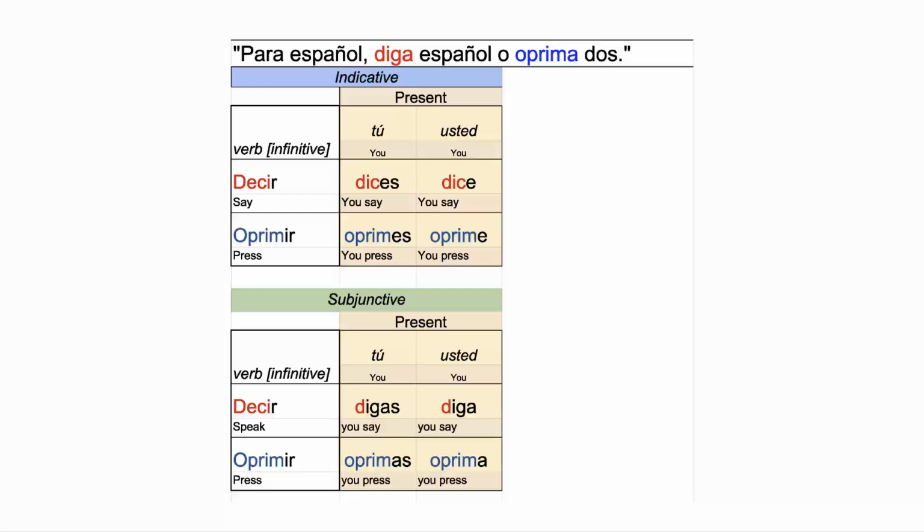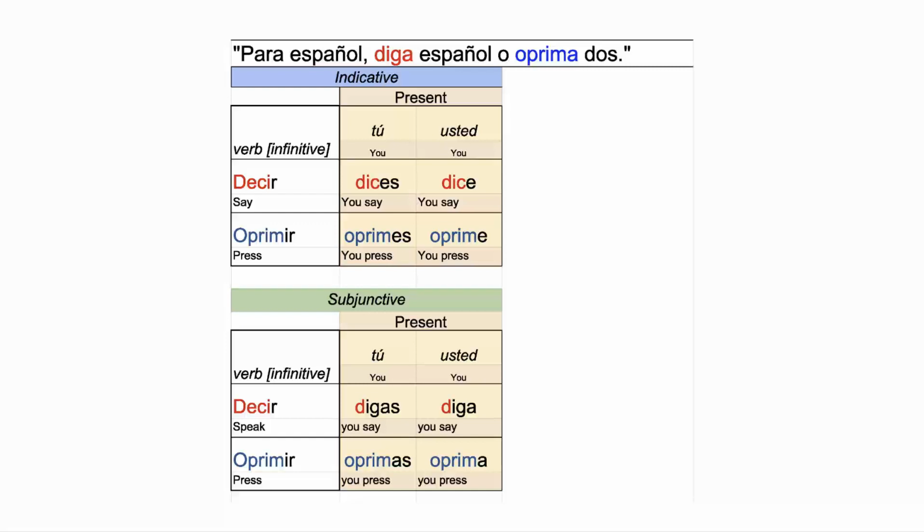As we had learned, decir conjugates dices, dice. Oprimir conjugates oprimes, oprime. This is indicative, which means it is describing the fact. And we need to use subjunctive forms when we want to talk about doubt, wishes, or situations that don't exist. And decir is an irregularly conjugating verb.